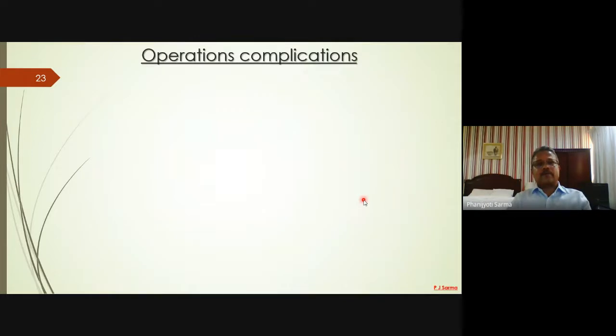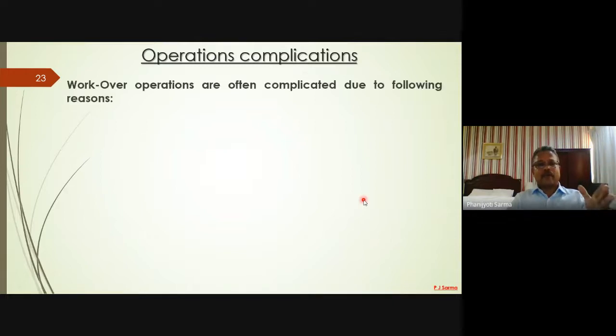So looking at these failures, you can very well understand that workover operation is not a simple operation. Workover operations are often complicated due to the following reasons: complicated fish, and the fish is so complicated that the well may not be able to be killed.